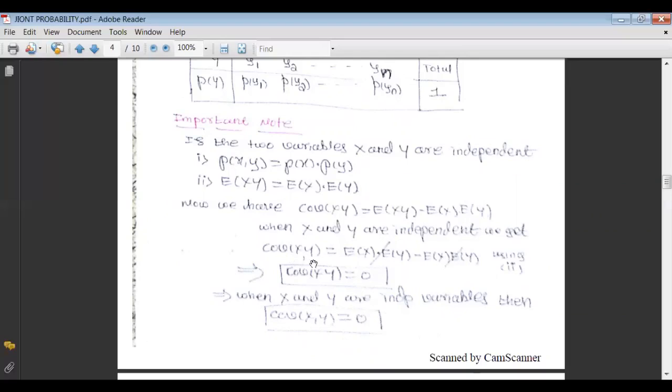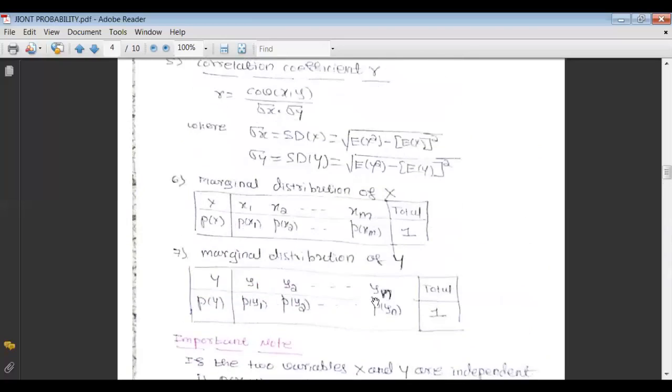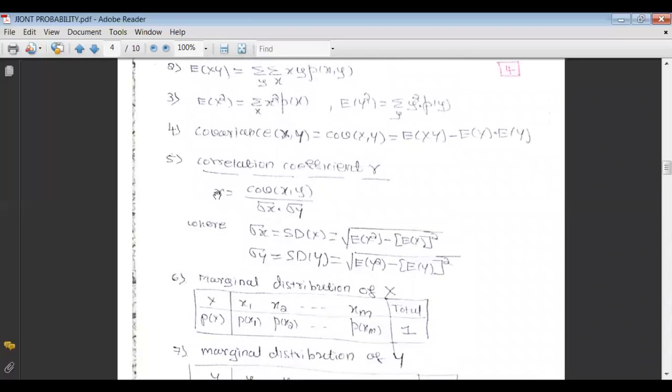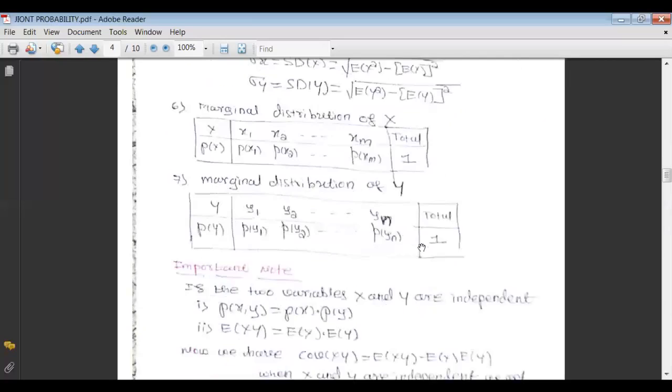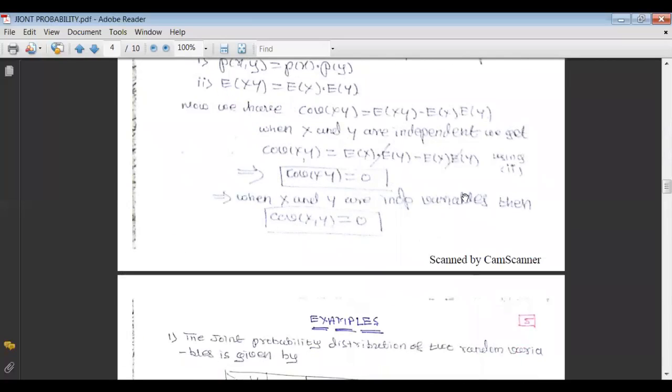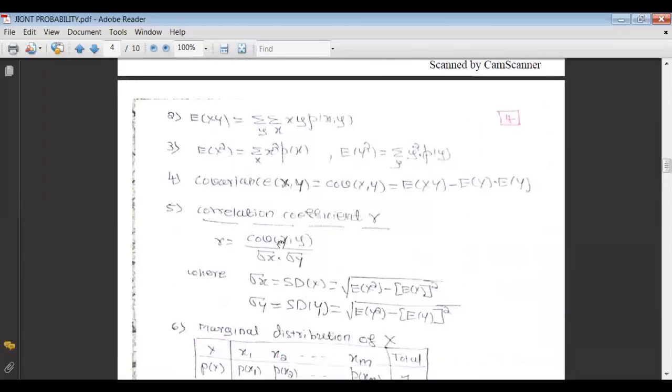With this consequence, we can draw one more conclusion. We know that the correlation coefficient R is given by covariance of xy divided by standard deviation of x into standard deviation of y. When the variables x and y are independent, the covariance term becomes 0.